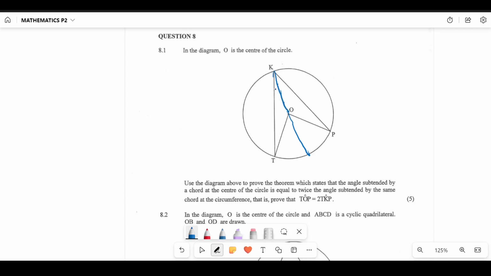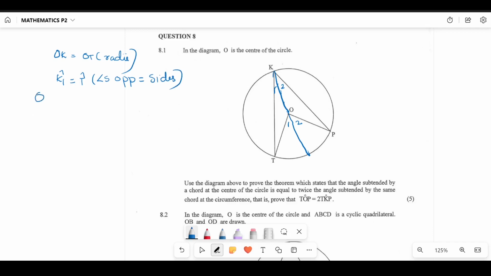Then that is also dividing the angle into K1, K2, O1, O2. So we start by saying OK equal to OT, because now they are radii of the same circle. That means K1 is equal to T, because they are now angles opposite equal sides.